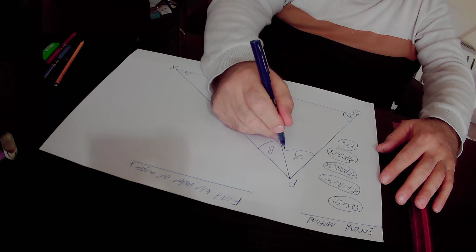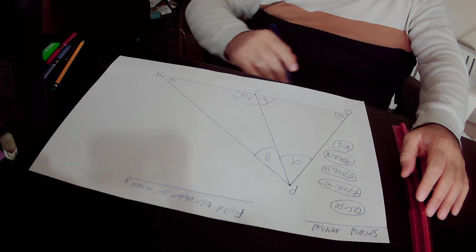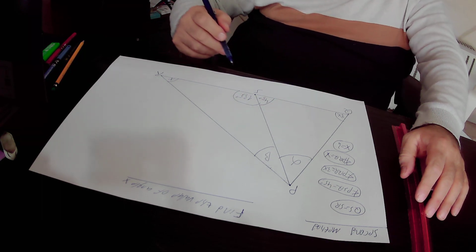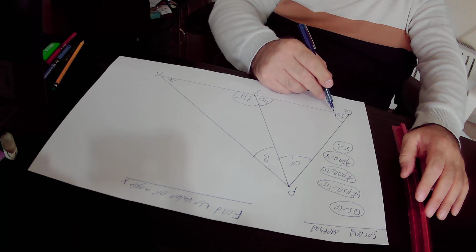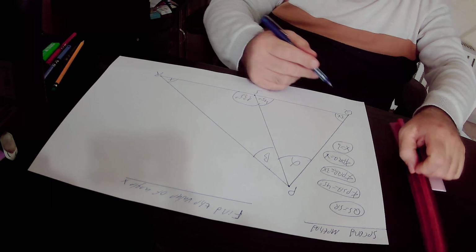Here we will do a construction from point Q. We will draw a straight line to PR in such a way that the angle that will be created will be equal to x.